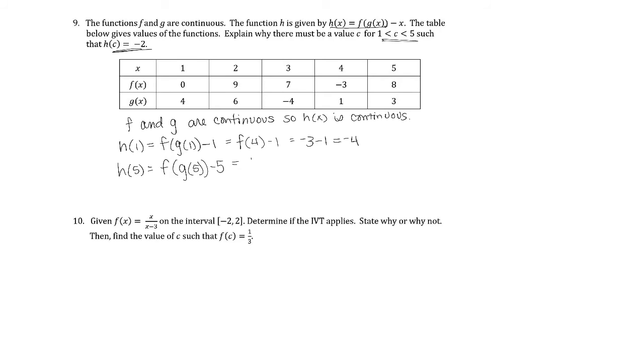And so g at 5 is 3. And then we have to find f at 3, and f at 3 is 7. And so we get a 2 here. So notice that we are continuous, and -2 is between our two endpoints, so we have to have a c that's between 1 and 5.